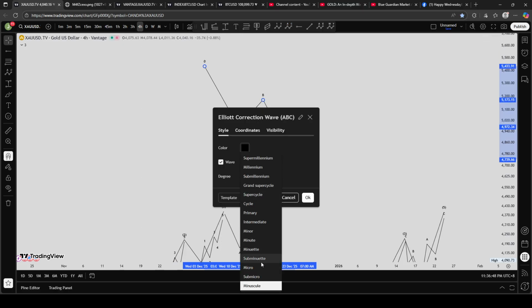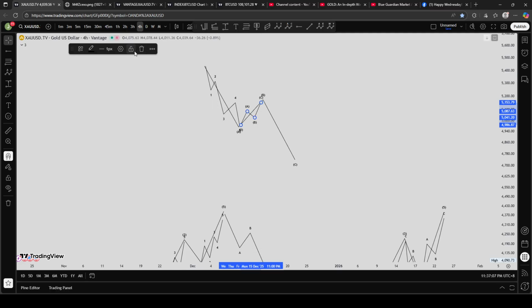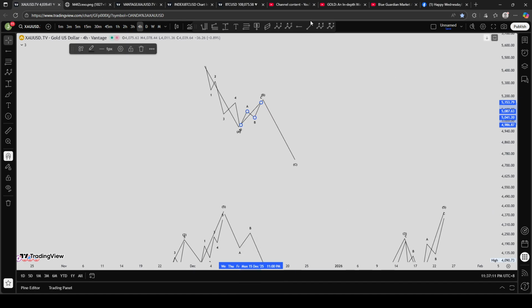So if it is a simple zigzag like this, the usual corrective structure, or internal wave structure, would be 5 waves down for wave A, 3 waves up for wave B, and then 5 waves down for wave C. So this is what we call a zigzag correction.